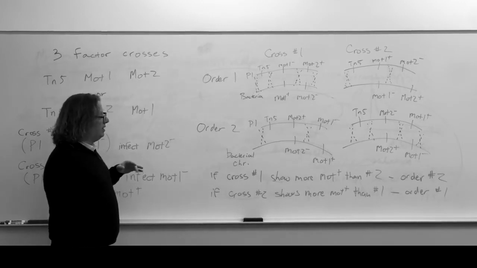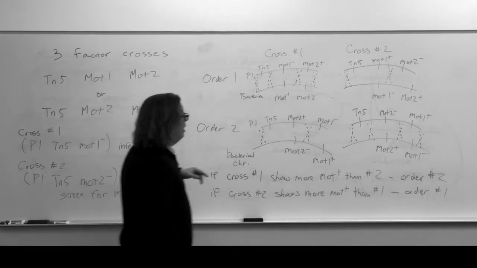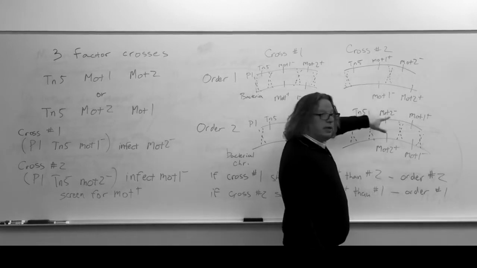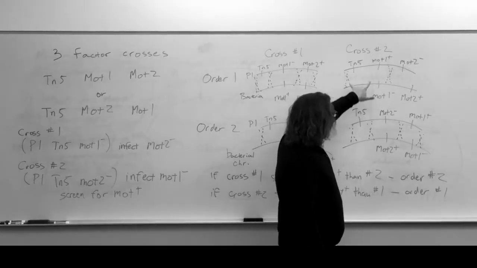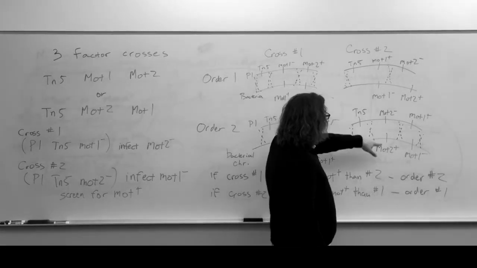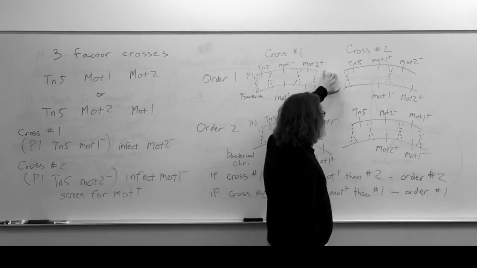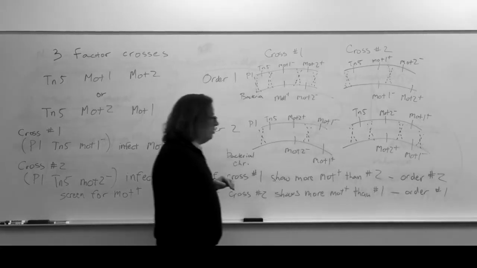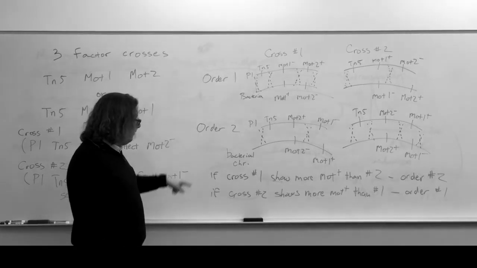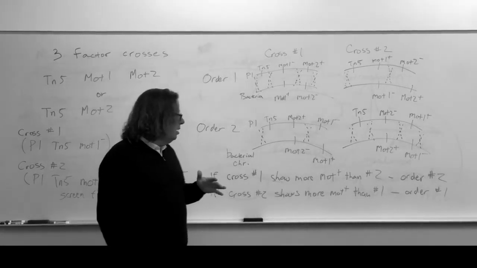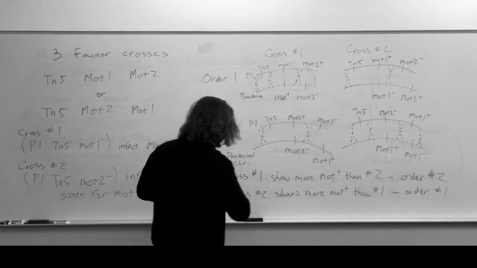Because again, this requires simply a single movement of DNA, as opposed to 2. So it's very likely that order 1 and order 2 is correct if, again, cross 2 shows more positive than number 1.